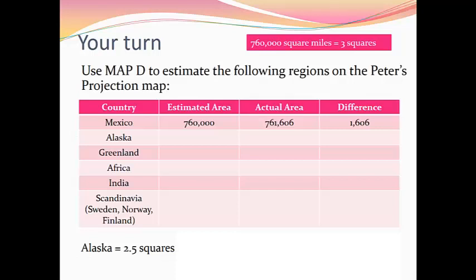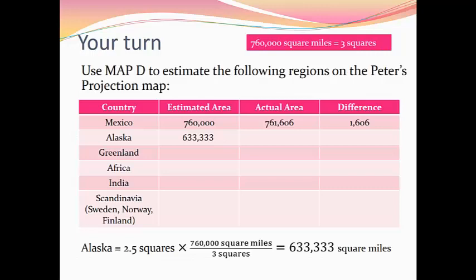And so when we multiply by our unit conversion, 760,000 square miles is 3 squares, then now I estimate the size of Alaska to be about 633,333 square miles.